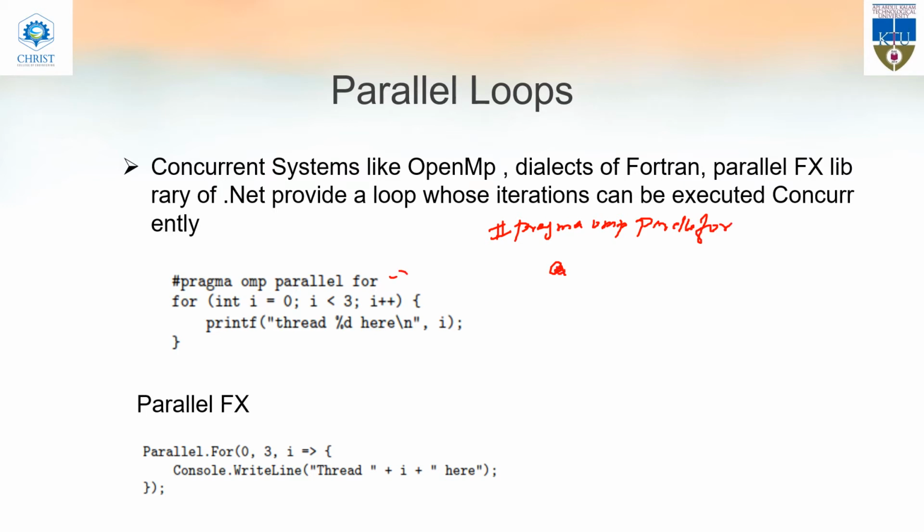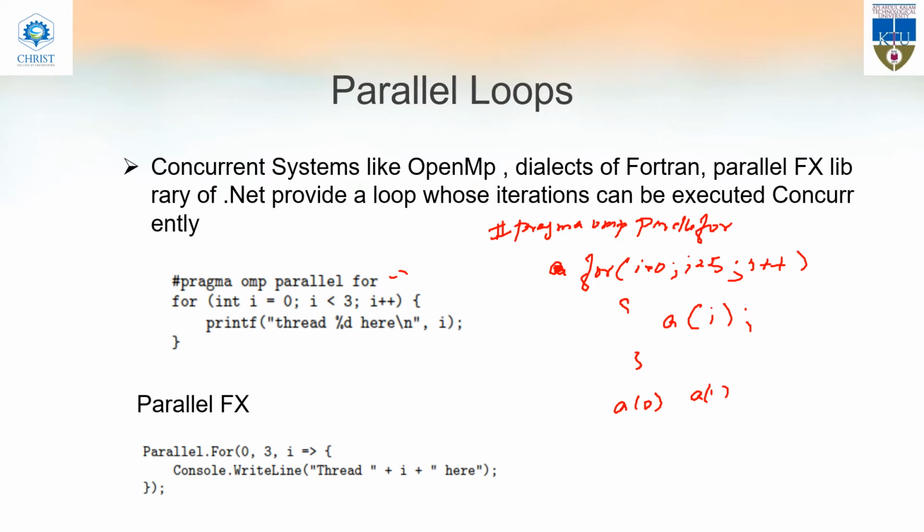Then I'll be writing a for loop: for i equal to 0, i less than 5, i plus plus. Inside the for loop, I am calling a function a of i. If I write like this, each iteration will be executed parallelly. That is, a of 0 will get executed concurrently to a of 1.